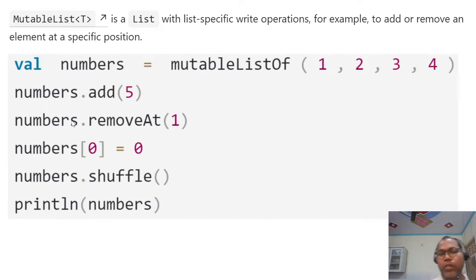If you want to create some kind of collection that you need to add to, modify, or remove from later, then instead of list you can use a mutable list. There is an implementation of a mutable list.